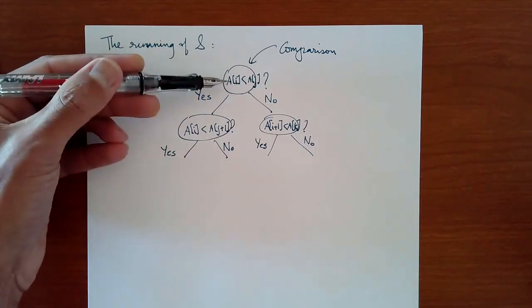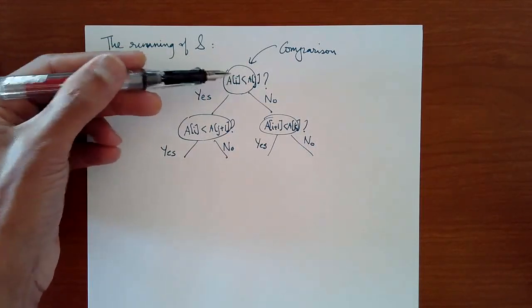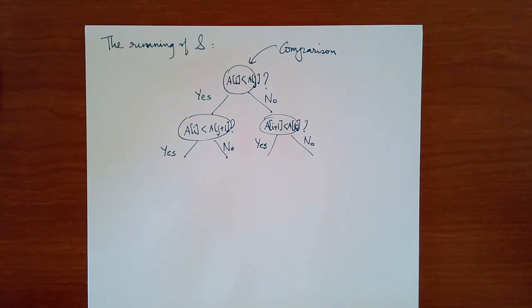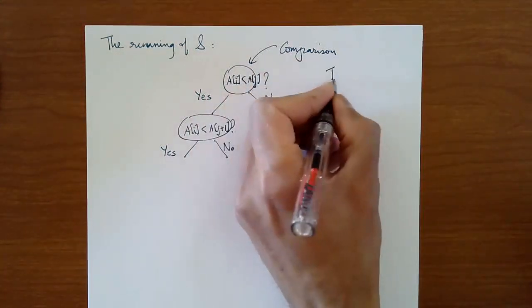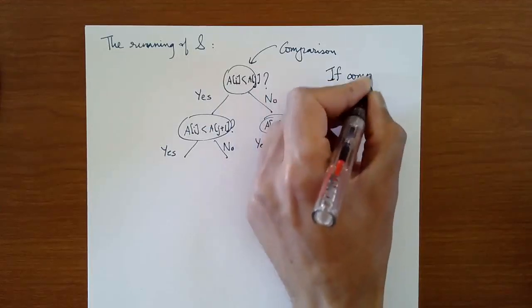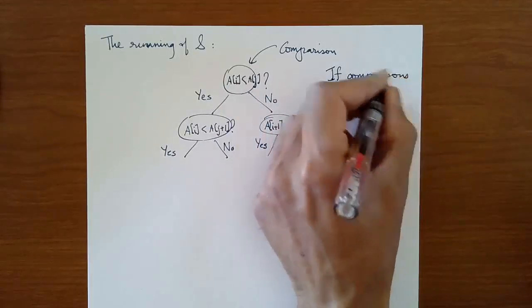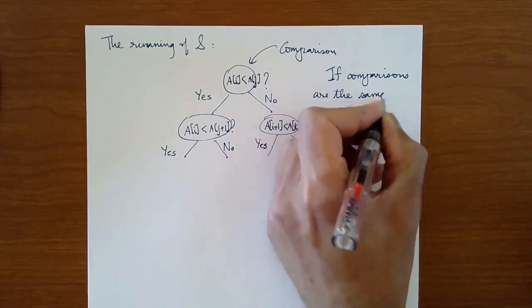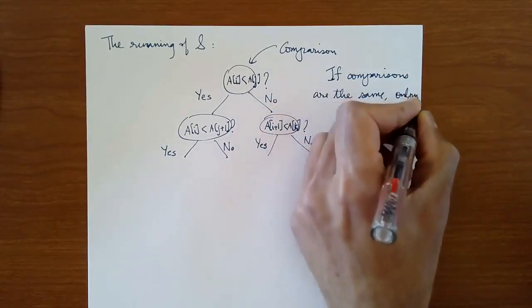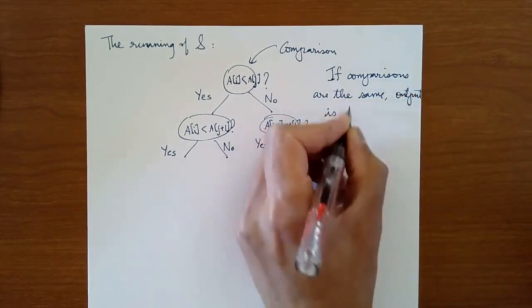So every time, if the comparison is the same, the output will be the same. This is really important. The point of a comparison-based sorter is, if comparisons are the same, the output is the same.